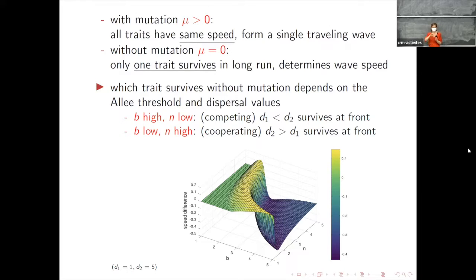Whereas if you turn off this mutation, and you just have whatever you have at the beginning and you see what will happen over time, then only one trait survives and essentially will determine the speed of the wave, right? And so the question is, if you start with two traits, is the longer or the shorter dispersal going to win over?